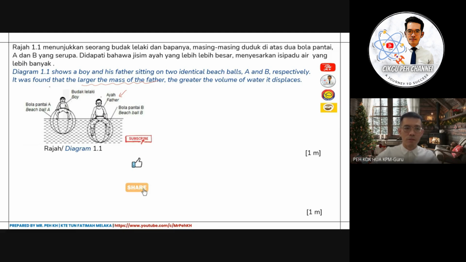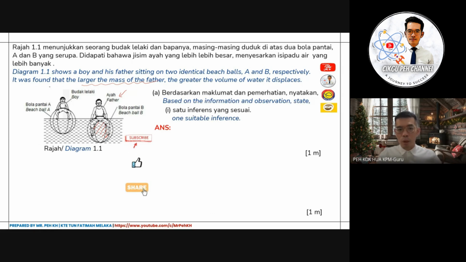You can see here, the father has a greater mass and the water displaced is more. Actually, the question already indirectly tells you the MV and RV that you need to identify so that you can conduct the experiment and get the data you need.